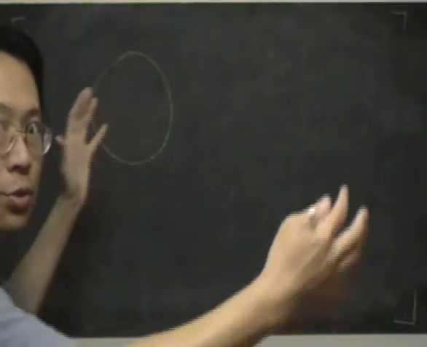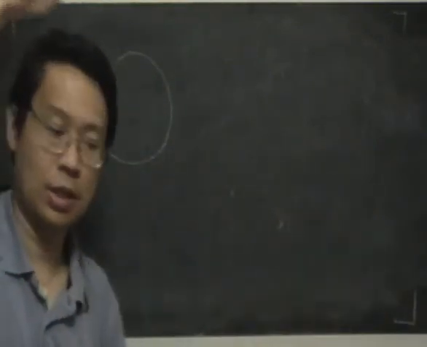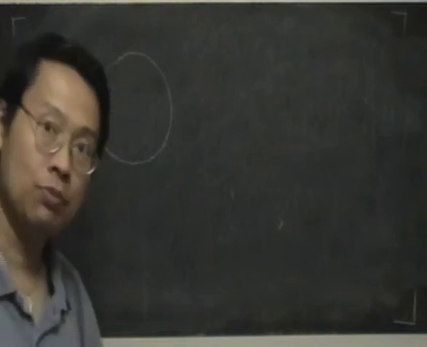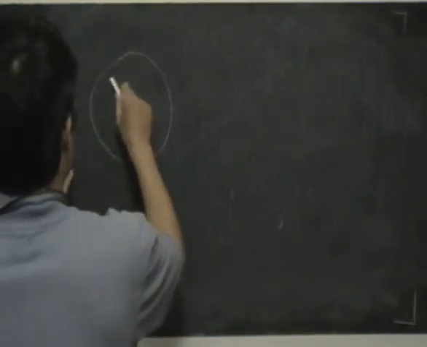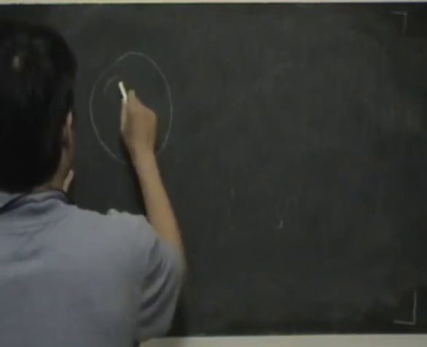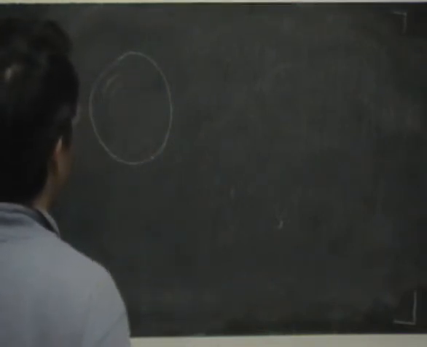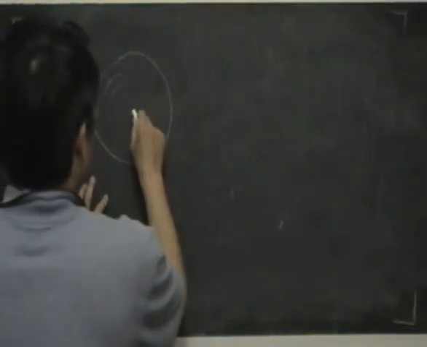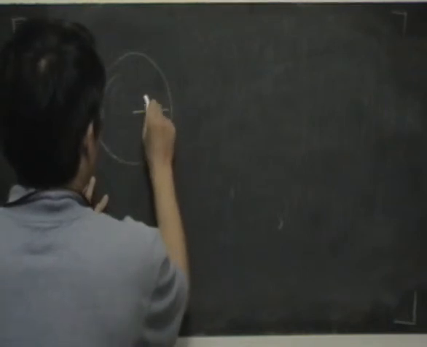Alright, a three-dimensional sphere. Okay, so we want to find the volume of the sphere. So let me just maybe draw a little thing there to make it look three-dimensional. Okay, right, so let's say the radius is r.